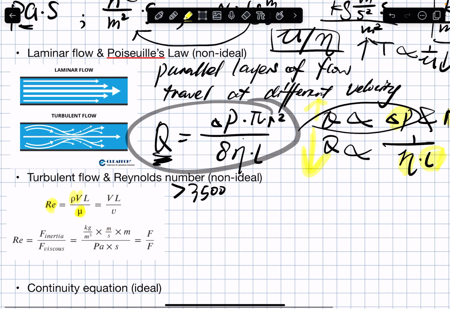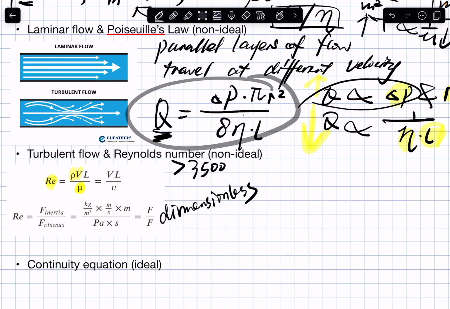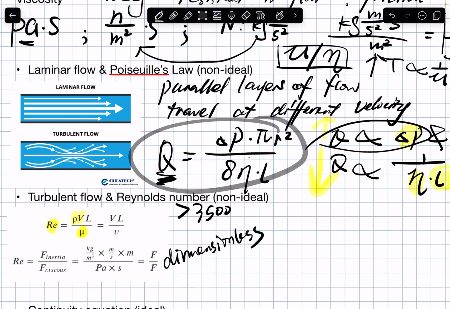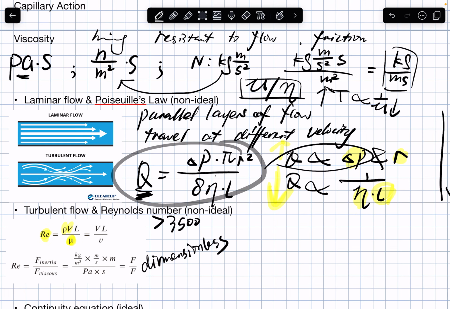And this other equation, you don't have to memorize. I'm just showing you that this Reynolds number is really dimensionless. There's no unit for this. So this is about laminar flow and turbulent flow. Both flows have some viscosity in them, so we say they're non-ideal fluids.